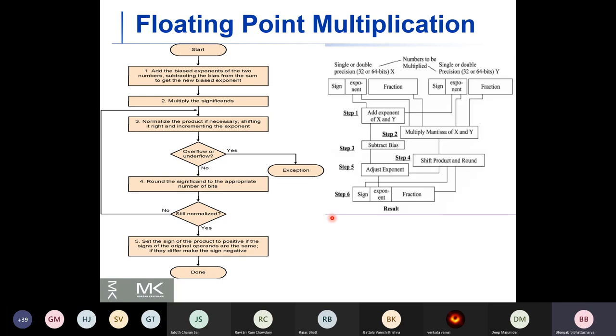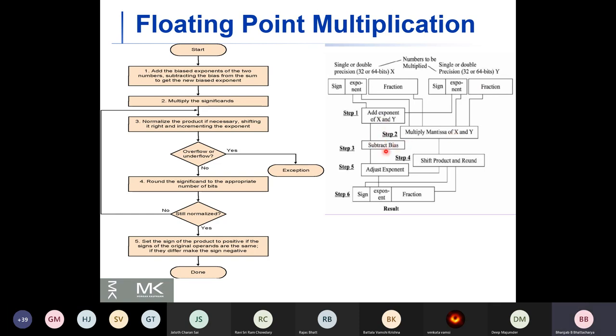In terms of the hardware resources, these are the inputs: sign, exponent, fraction, sign, exponent, fraction. In step one, we need an adder to add the exponents and then subtract 127 from the result. And take the two fractions and use a multiplier to multiply the mantissa part, the significand part.